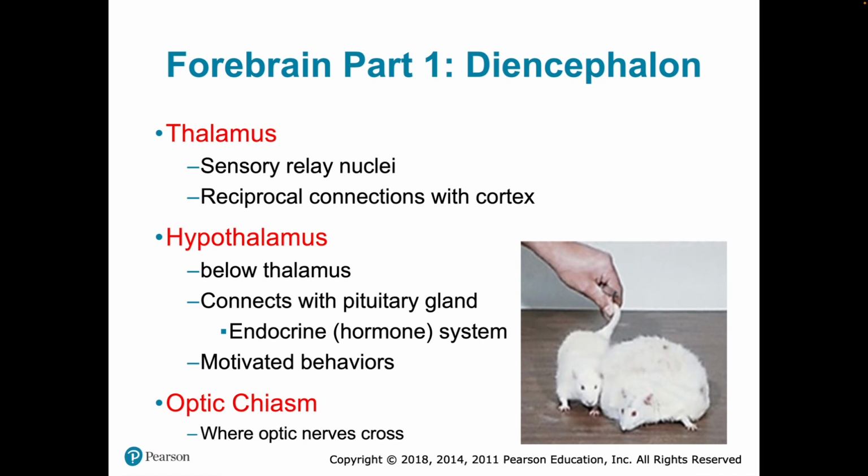The same thing is going to happen with your auditory system, with signals coming in from your ears, the cochlea of your ears, right? Through the thalamus and then back to the temporal lobes. Same thing is going to happen with your sense of touch.